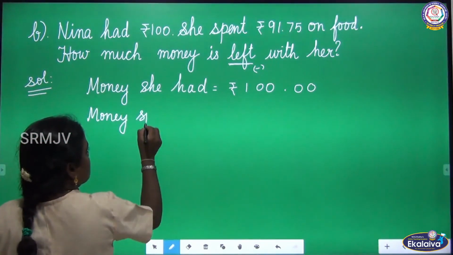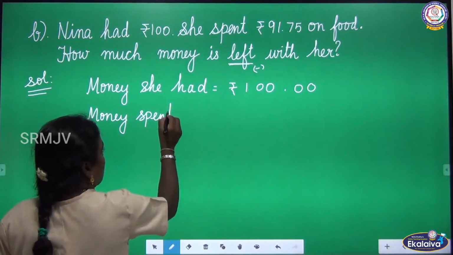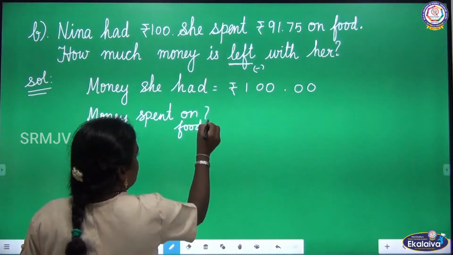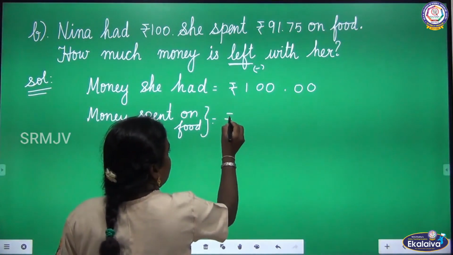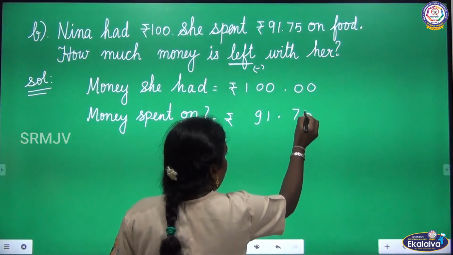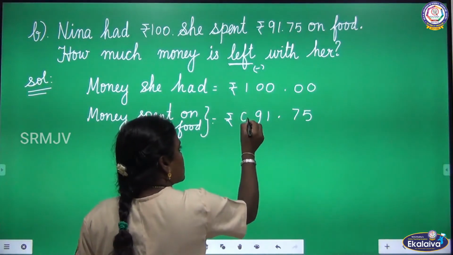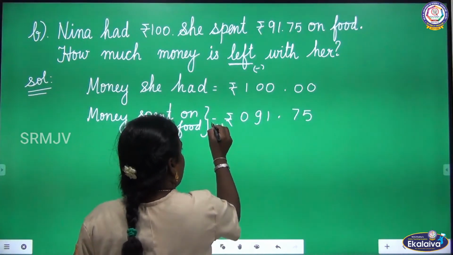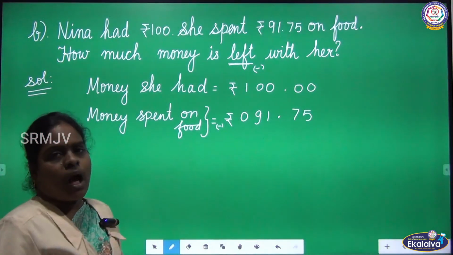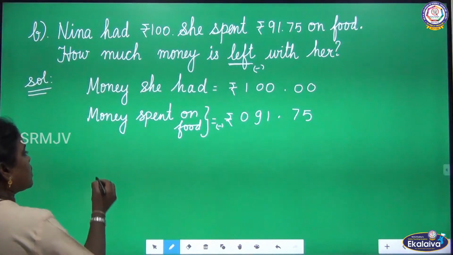Money spent on food. That is 91 rupees and 75 paise. So here we will write 0. Now we are going to subtract these amounts to find the money left with her.